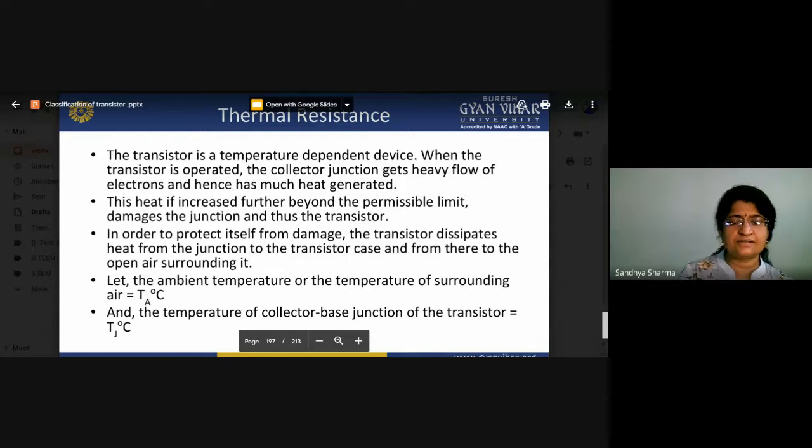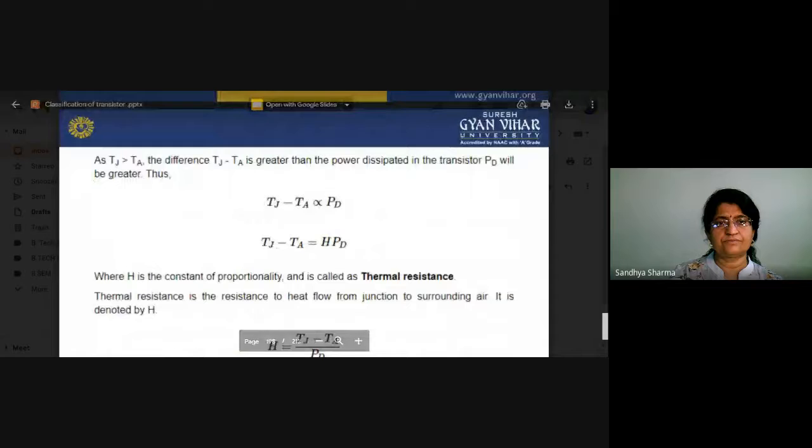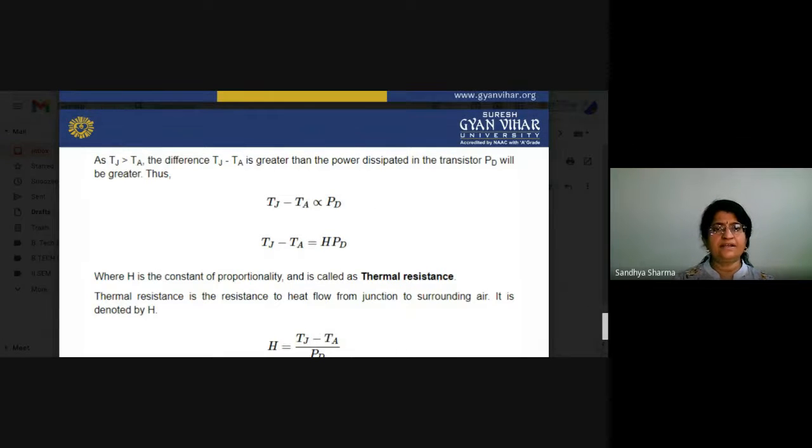Let the ambient temperature, or temperature of the surroundings, be Ta, and the temperature of the collector to base junction be Tj. A stands for ambient temperature and J indicates the junction temperature of the collector to base junction. As Tj is greater than Ta, the difference Tj minus Ta is proportional to the power dissipated in the transistor, Pd.